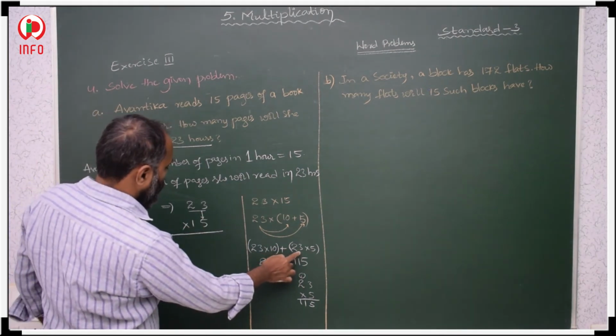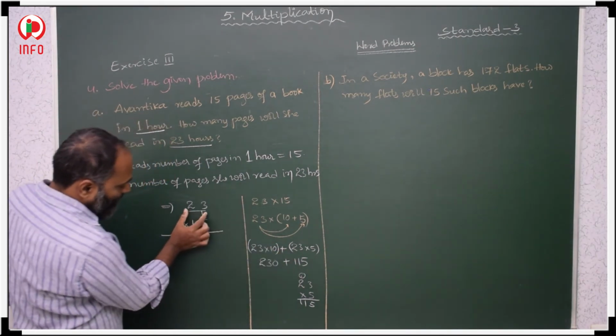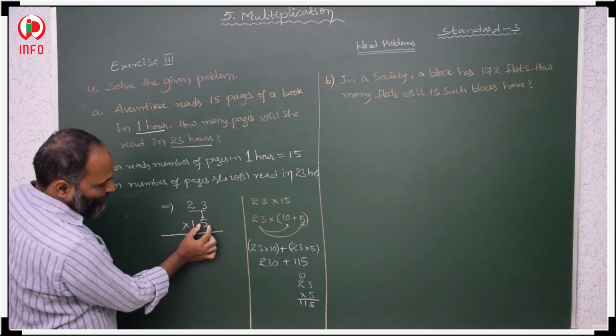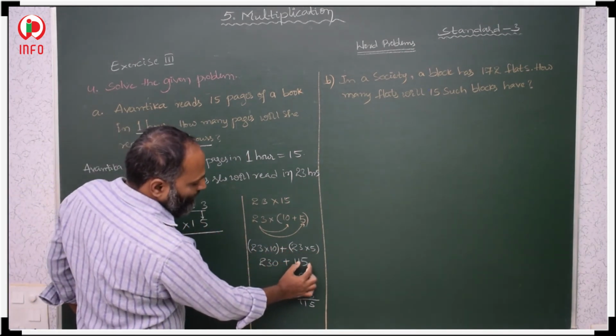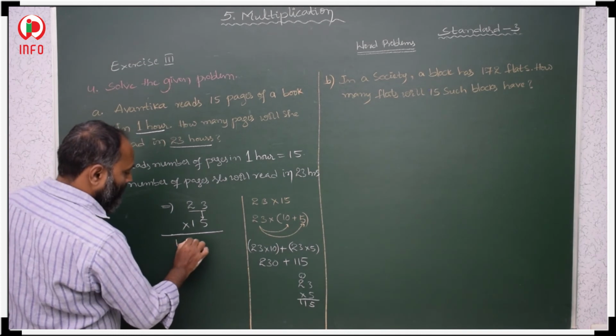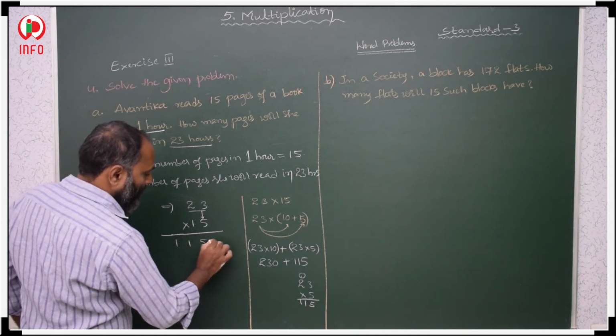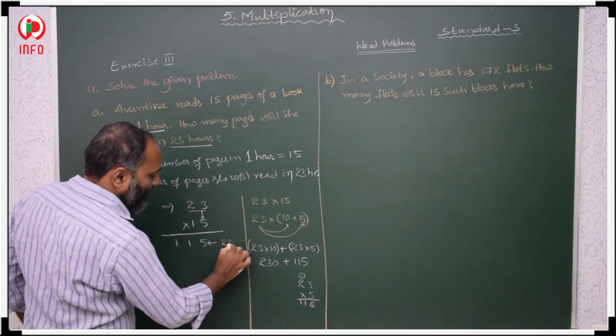Now, if 23 is multiplied with 15, then what will it be? First you have to take 23 multiplied with 5, that is 115.